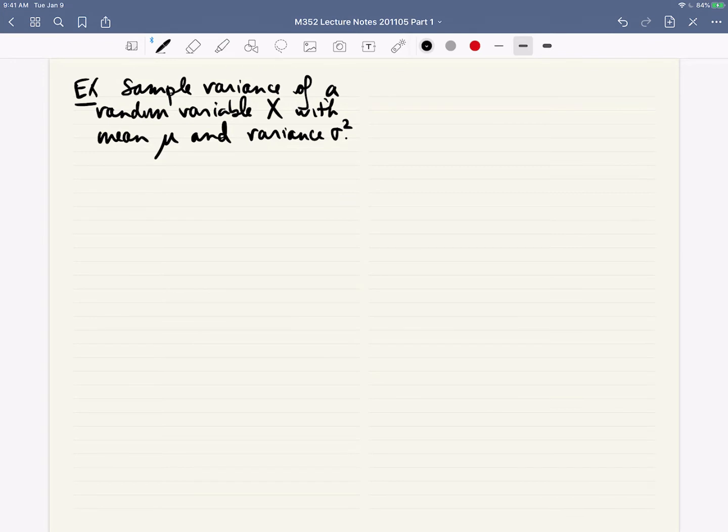Here's the definition that we took for the sample variance. And I'm going to put a little small xi here just to emphasize that we take a sample of size n.